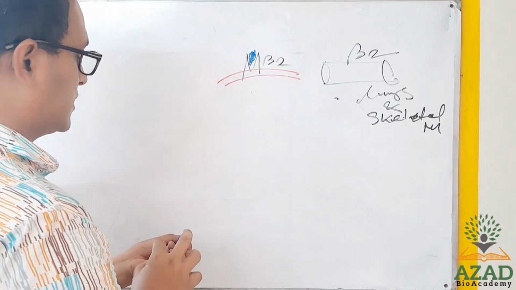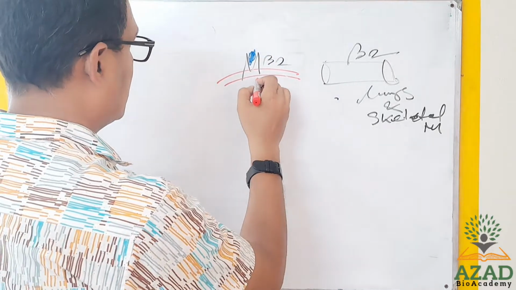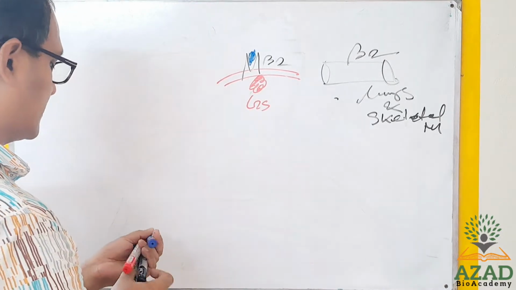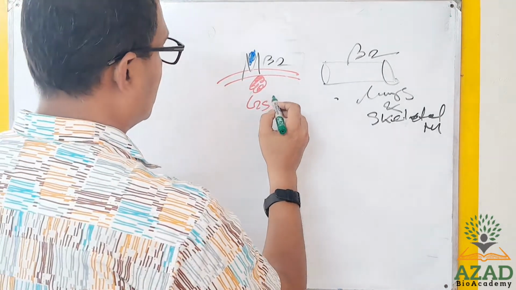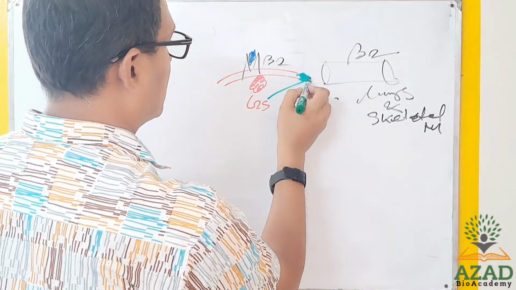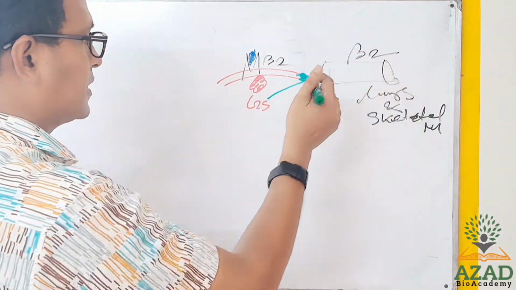And you know, beta 2 receptor is basically connected with Gs. So what will happen when Gs will be activated? Then within your membrane of the blood vessel of skeletal muscle and lungs.